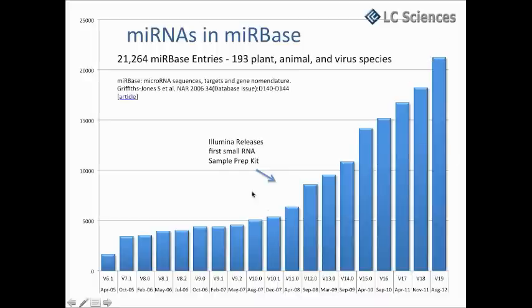And you can also clearly see here the effect that next-gen sequencing had on the field. The impact is quite remarkable. So 2007, 2008, that's when Illumina released the first small RNA sample prep kit, and you see since then a dramatic increase in sequence knowledge.